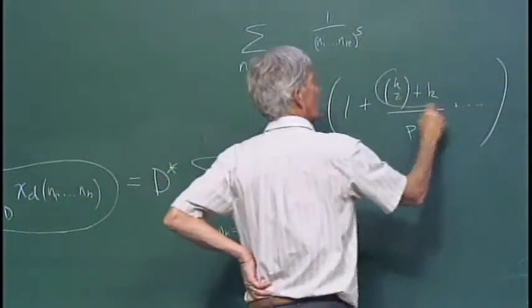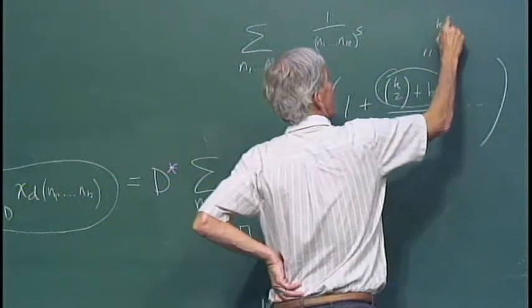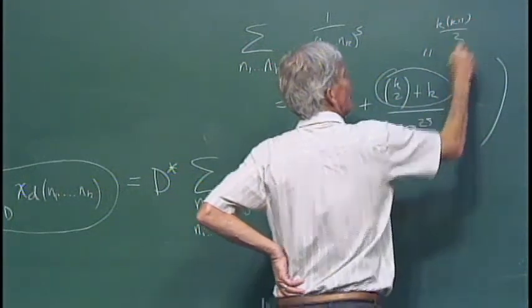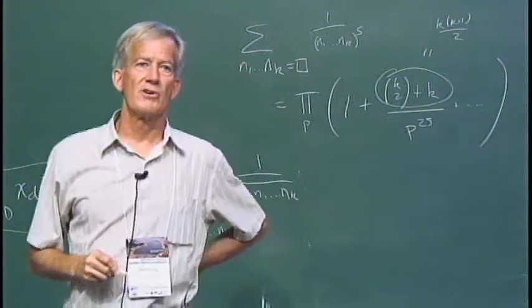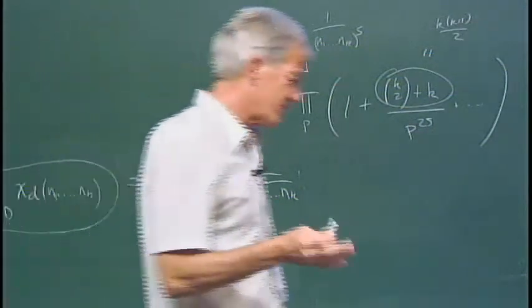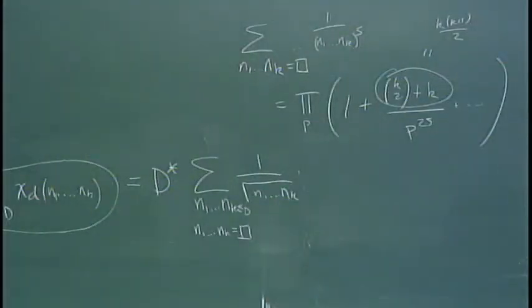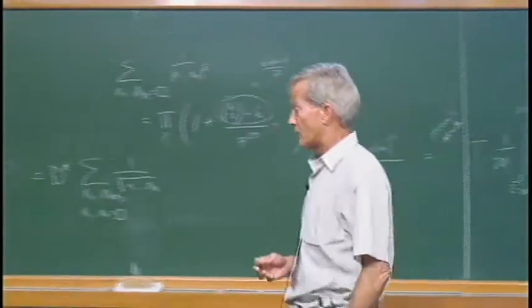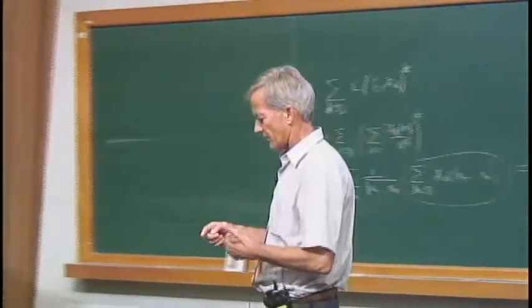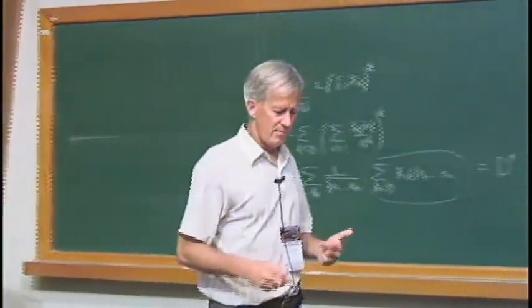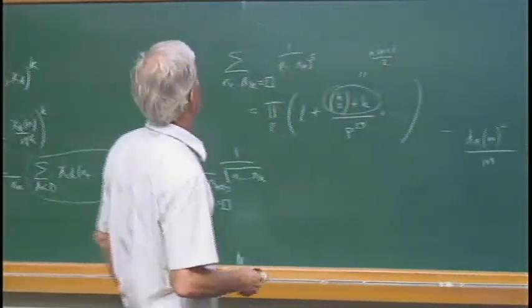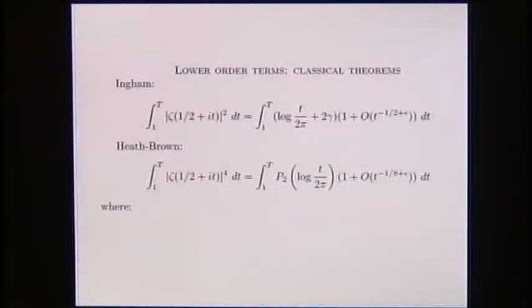And this is your k times k plus 1 over 2, and that's your power of log in that family. Okay, and if you did a similar thing with cusp forms, it's really just using the Petersson formula or something like that. You just want to identify when... well, that's slightly more complicated, but anyway, okay.